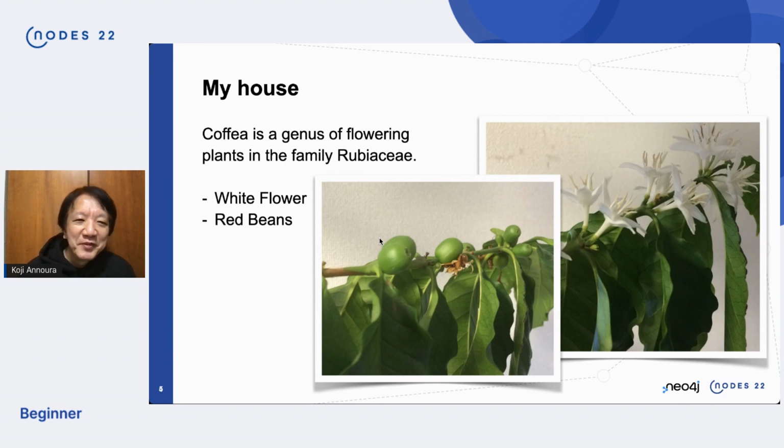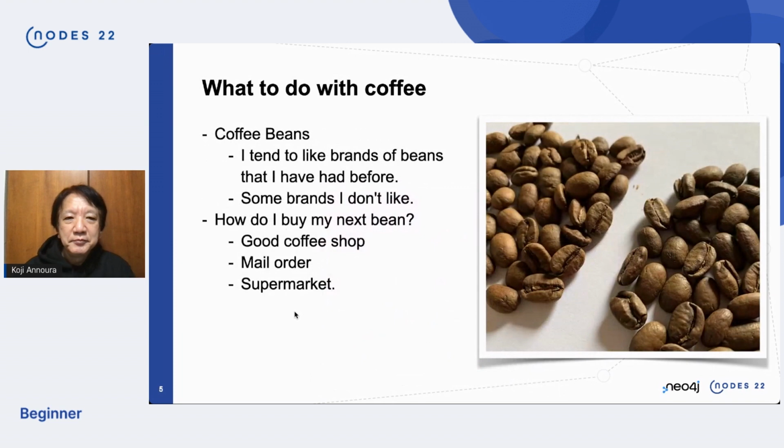I don't know it well. It has small white flowers, and the green fruit becomes red beans. This is my room.